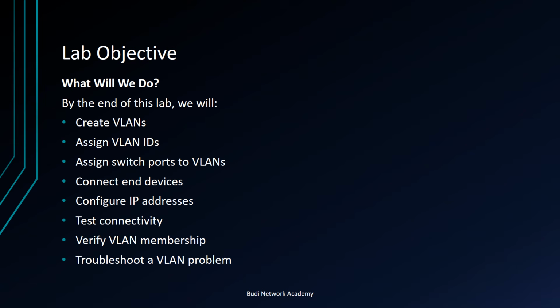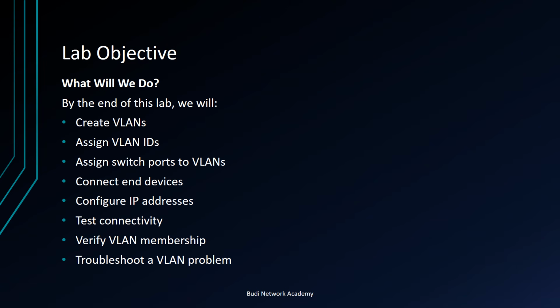Before we start configuring, let's look at what we are going to accomplish in this lab. First, we will create two VLANs. Then we will assign switch ports to those VLANs. After that, we will configure IP addresses on our computers and test communication between them.